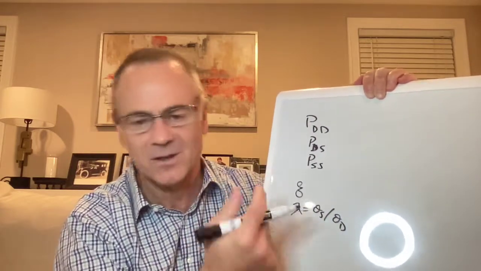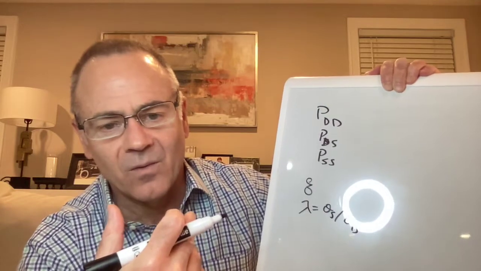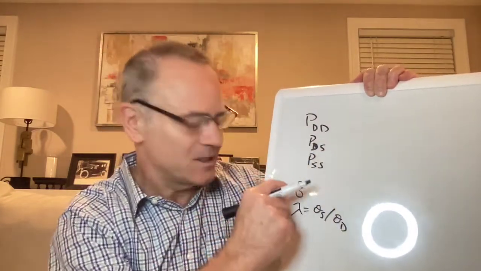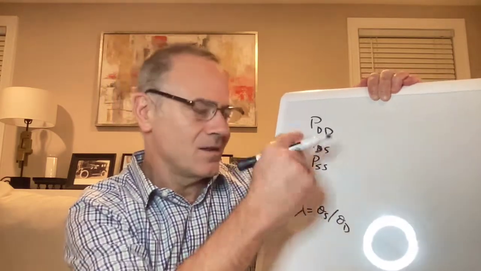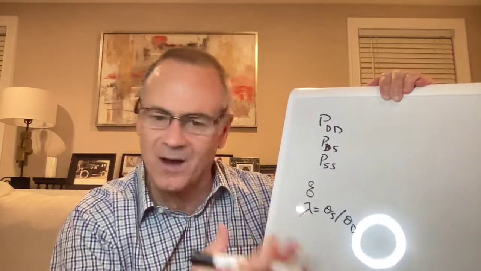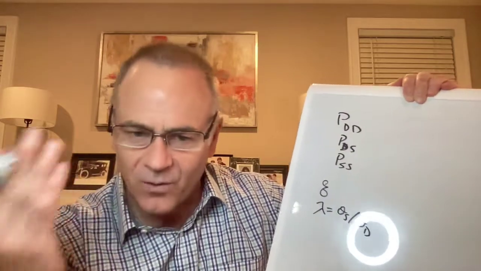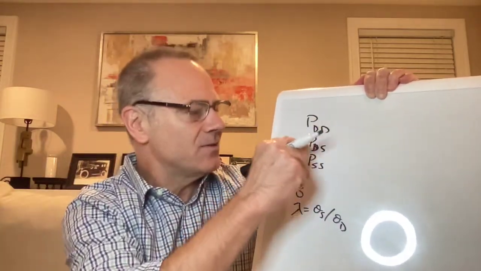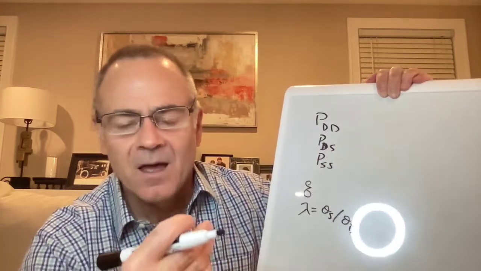So if lambda is 1, and you see a crash, the probability both are drunk should be something like Q times Q, and then do something similar for PDS and PSS, and then try it where lambda equals 0, and try to think of different ways. Does this make sense, my values of PDD, PDS, and PSS?